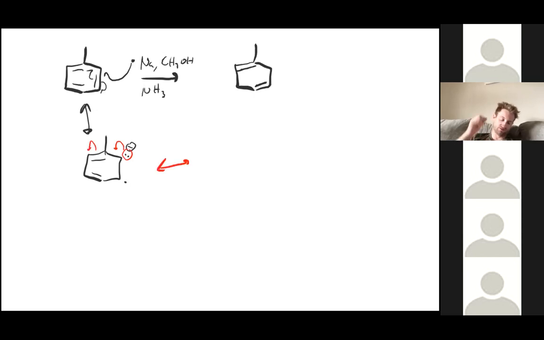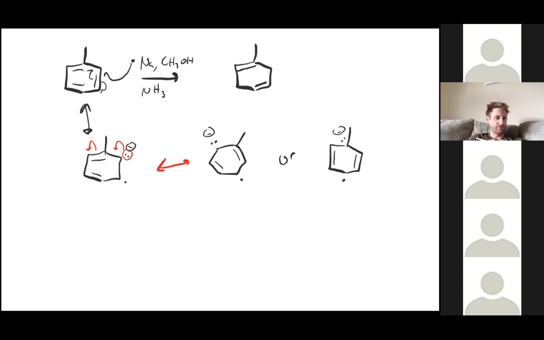And there are a couple of different resonance structures that can form. We could either have this resonance structure. I'm not going to draw out all the arrows to get to them. Or a resonance structure that looks like this. And you could switch where the radical and the negative charge are. It'll kind of give you the same thing.